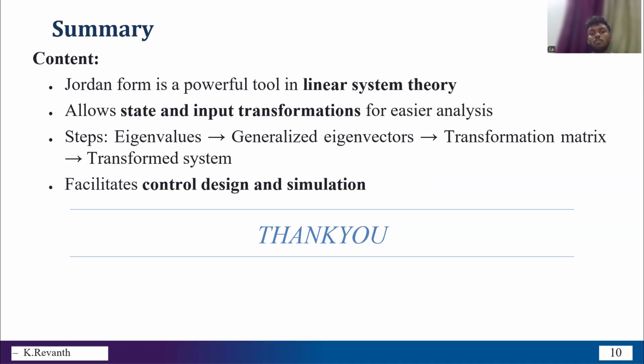We went through the steps to compute the Jordan form and saw an example. Finally, we reviewed its advantages in control design and system analysis. Thank you for listening, and I hope you have a clear understanding of how Jordan form simplifies complex systems into something elegant and manageable.